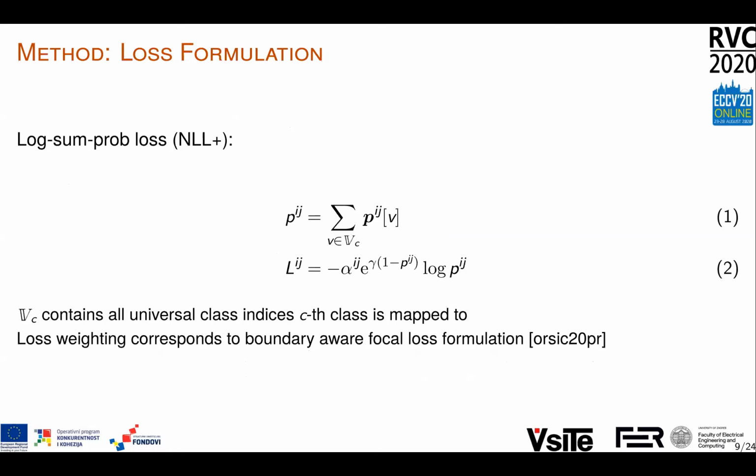Bold P_ij is a vector of probabilities across all 193 classes at a given pixel ij. p_ij is the sum of all probabilities in universal class space to which the correct class c is mapped to, which is contained in the set V_c. This negative log likelihood is weighted by two terms. First, alpha_ij, which is greater towards the semantic border. And second, the term which penalizes low confidence predictions.